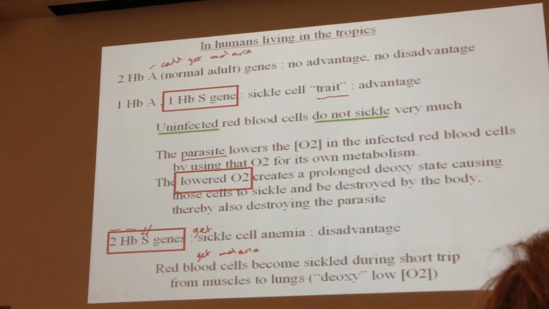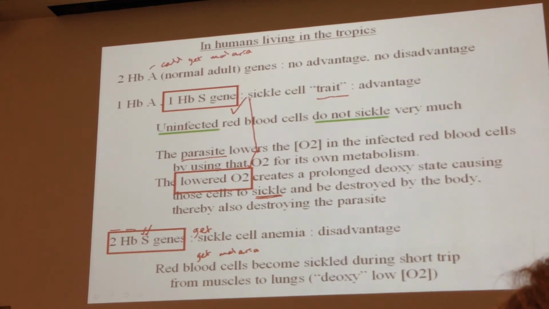So in those conditions, where you have the extra low oxygen caused by the malaria and only one copy of the bad gene, those two factors together will give sickling. So you need two factors: either double genes to give sickling, or lowered oxygen and one copy of the gene for sickling.